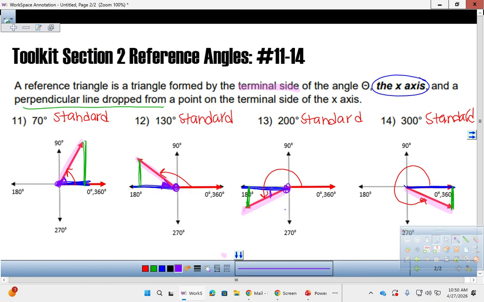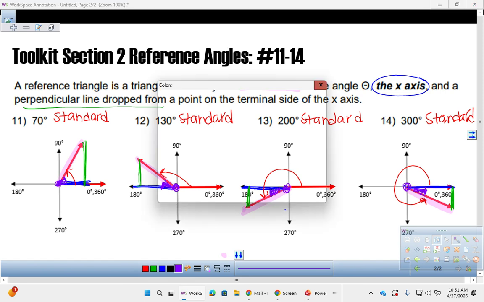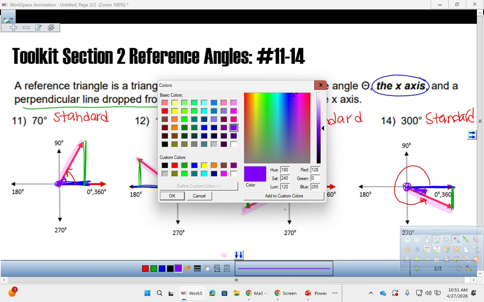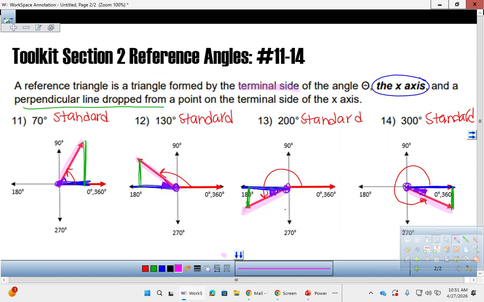The reference angle is inside. Here's the origin. So for 70, is it just 70 again? It is. But you'll see that it's going to be a different rule for every quadrant. All right, so the reference angle is the purple one. I'm actually going to change the color so you can see it a little better. It might show up a little better.